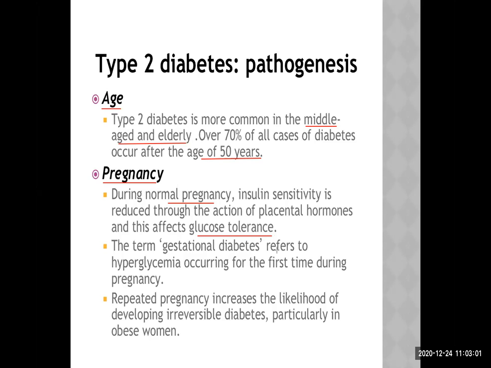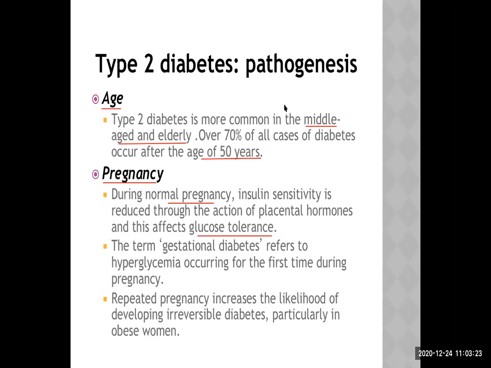The term gestational diabetes refers to hyperglycemia occurring for the first time during pregnancy, and repeated pregnancy increases the likelihood of developing irreversible diabetes, particularly in obese women. I'm sure you have already done this in obstetrics.